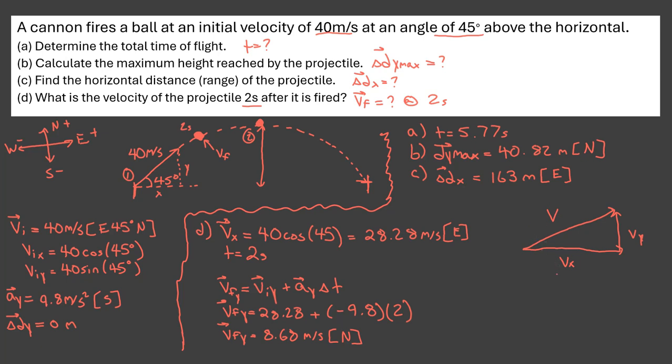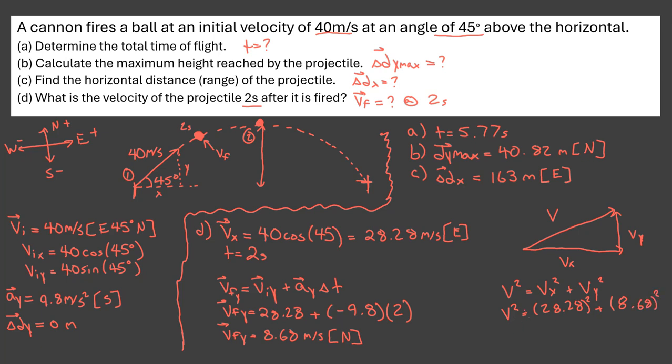Okay? So let's utilize Pythagorean theorem. C squared equals a squared plus b squared. So I can just state that my velocity squared, this hypotenuse here, is going to be equal to vx squared plus vy squared. So then I'll have v squared equals 28.28 squared plus vy, which is 8.68 squared.